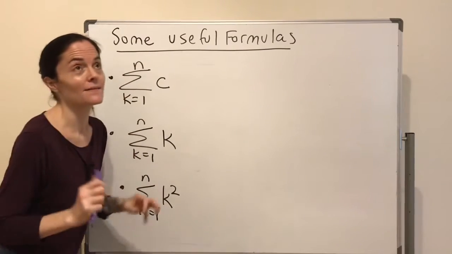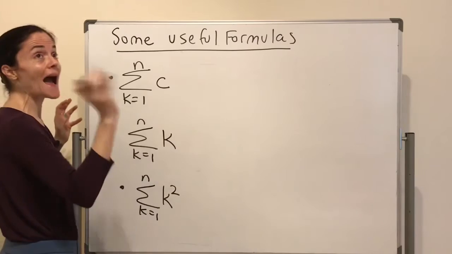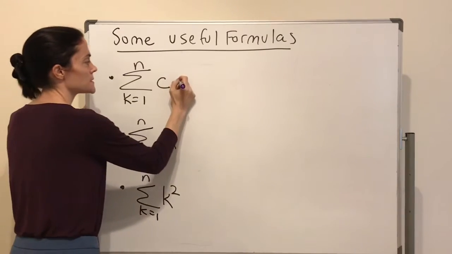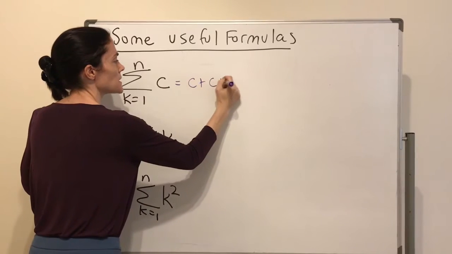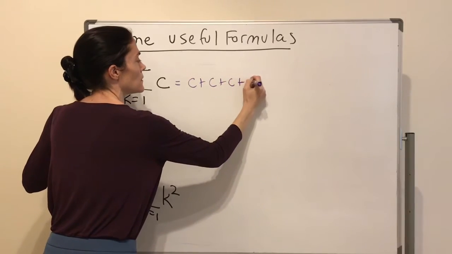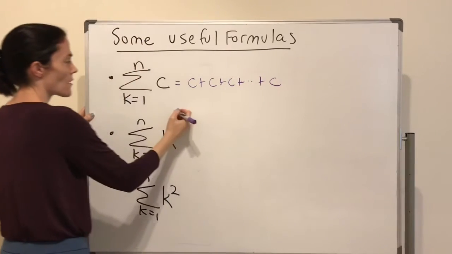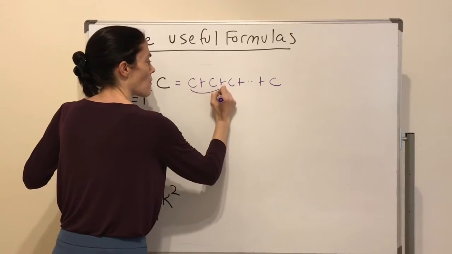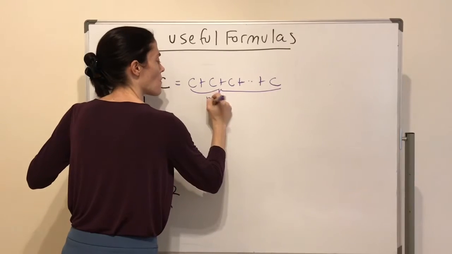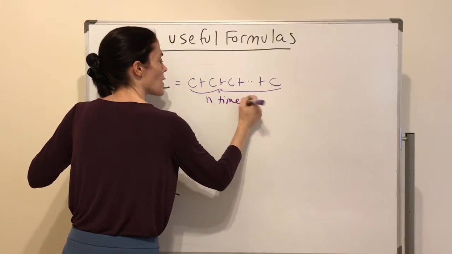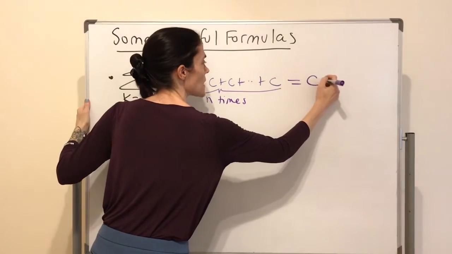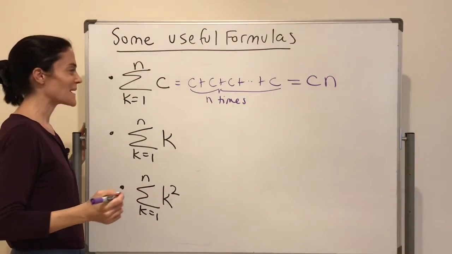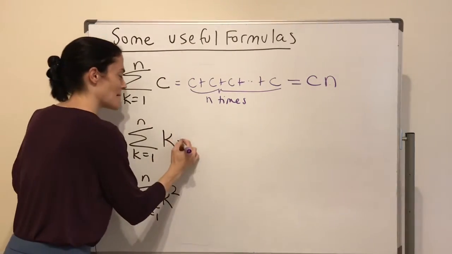We can just think about, because what are we doing here? We're adding the number c up n times. So this would be c plus c plus c, and there are n of them here. And so we see this is c times n. Okay, that was not too terribly bad.